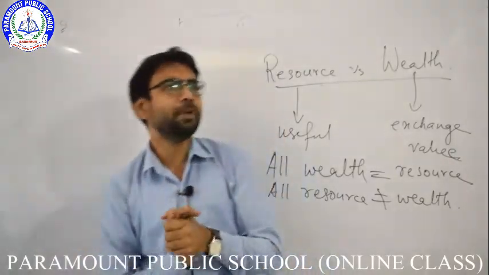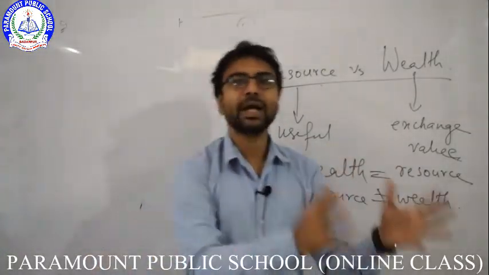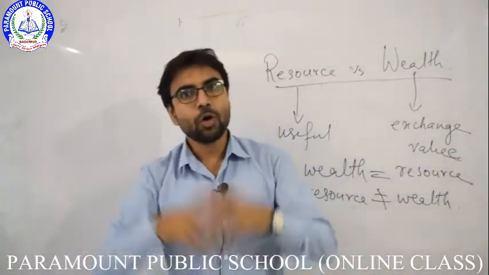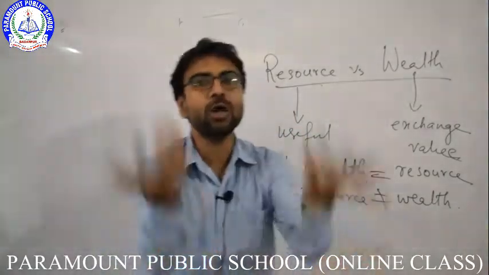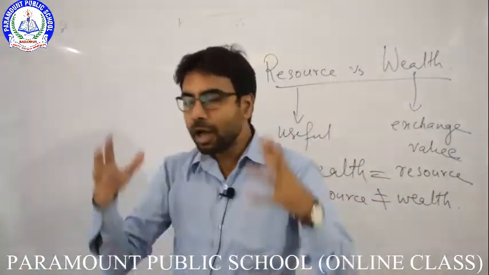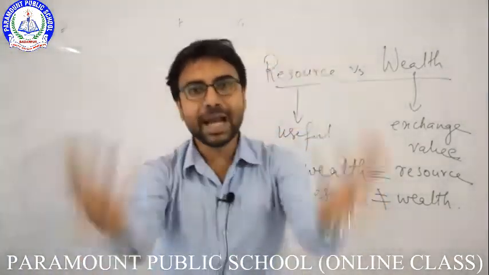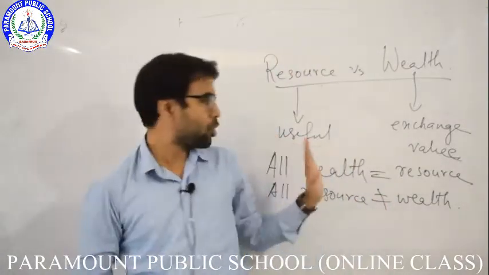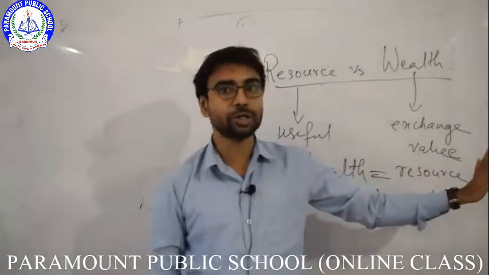I'll give you an example, you will understand. Gold is a resource and it can be considered as wealth also. Coal is a resource and it can be considered as wealth also, because if you sell coal, you'll get money. Petroleum products, petrol, diesel, are natural resources. If I sell them, I'll get money, so they are wealth.